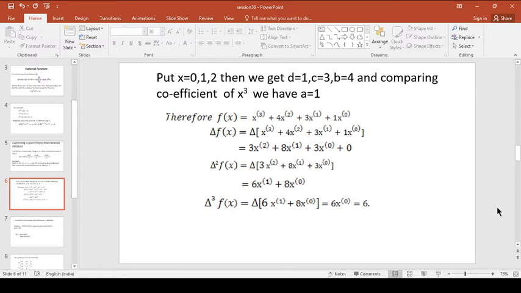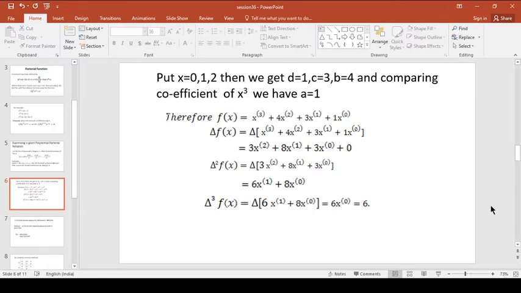And comparing the coefficient of x cube, we have a is equal to 1. So therefore f of x we can write as x raised to 3, plus 4 into x raised to 2, plus 3 into x raised to 1, plus 1 into x raised to 0.